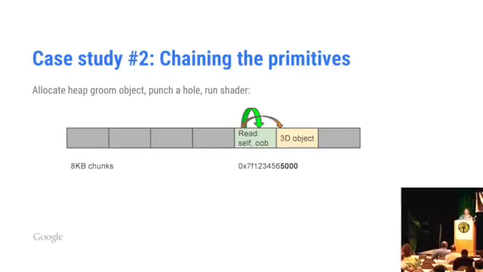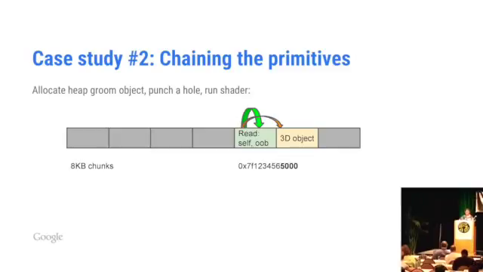So what we do is we run that whole cycle through again. We run a shader. It proves to itself its own heap address. And if our heap groom is all going well, like if things are at runtime as we've drawn them on this slide, then we know what address to expect. It's 8,000 bytes or 8 kilobytes less than the previous address. So 7,000 hex goes to 5,000 hex.